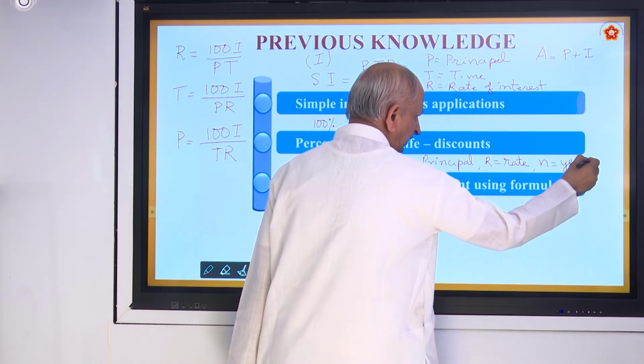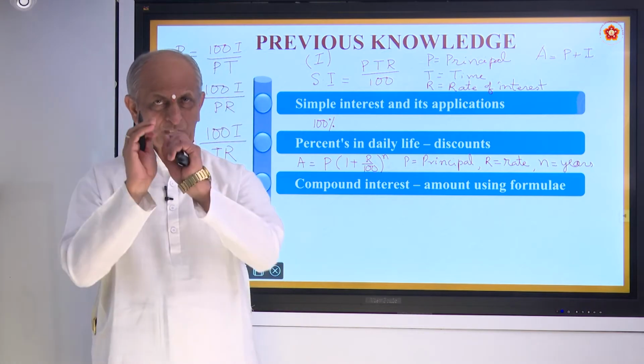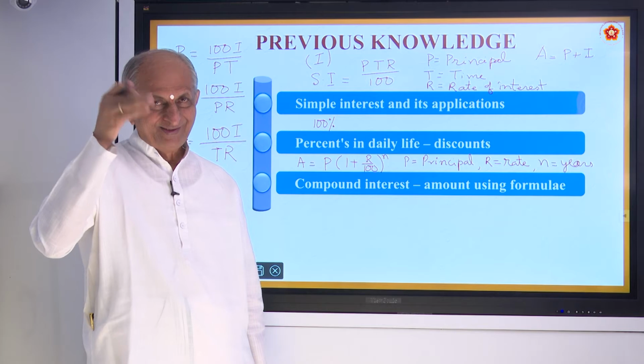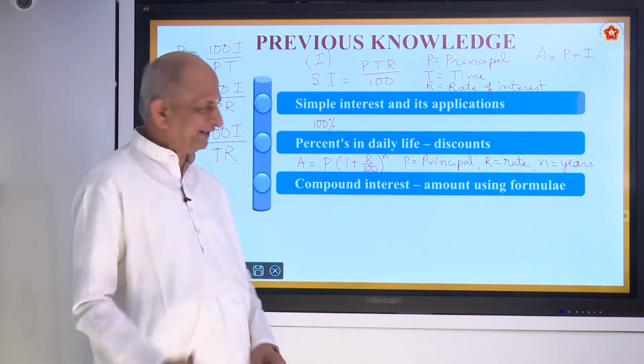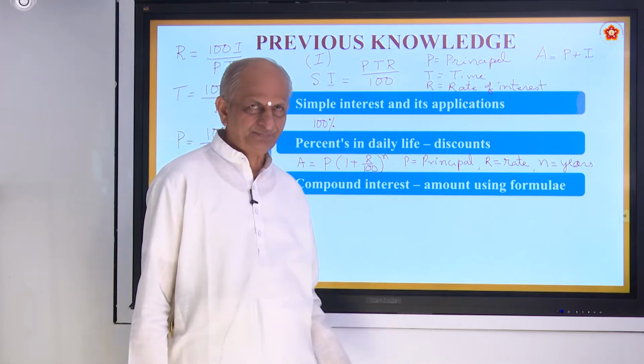So why are we telling this again and again? Just to make it thorough. At least 10 times you must be repeating, writing, submitting. So this is the formula for the amount.